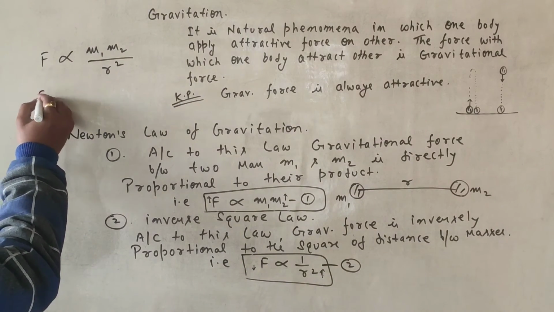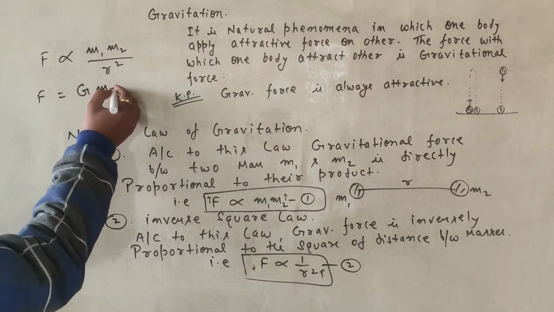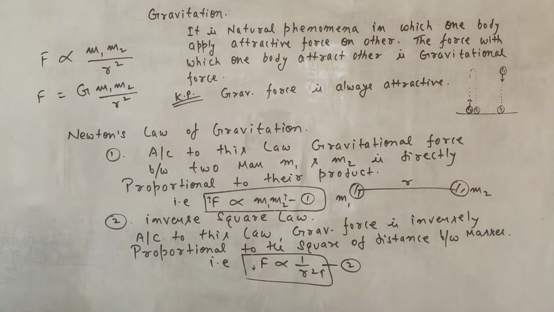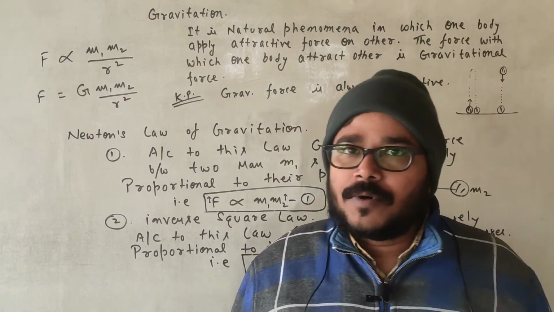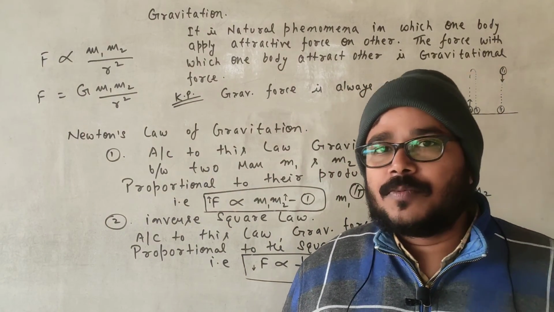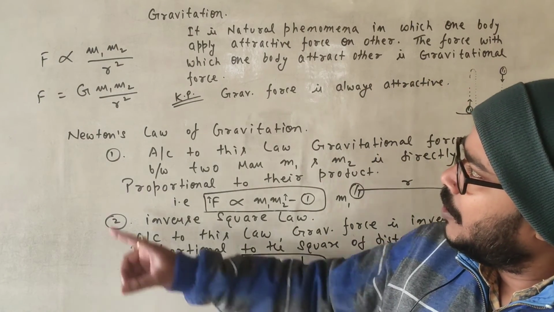As you know, when we remove proportionality, there is a proportionality constant. Here the proportionality constant is capital G, also known as the universal gravitational constant. Its value is 6.67 × 10^-11.